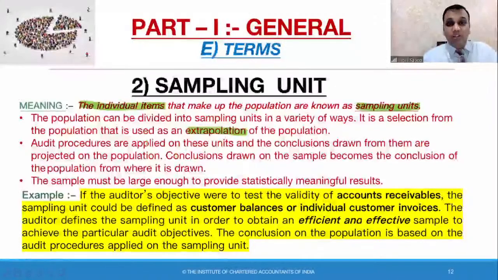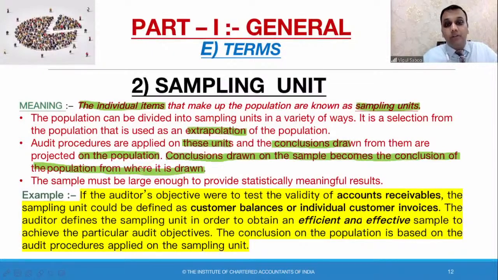So audit procedures are applied on the chosen units and conclusions are drawn from them to be projected on the whole population. Conclusions drawn on the sample become the conclusion of the population from where it is drawn.